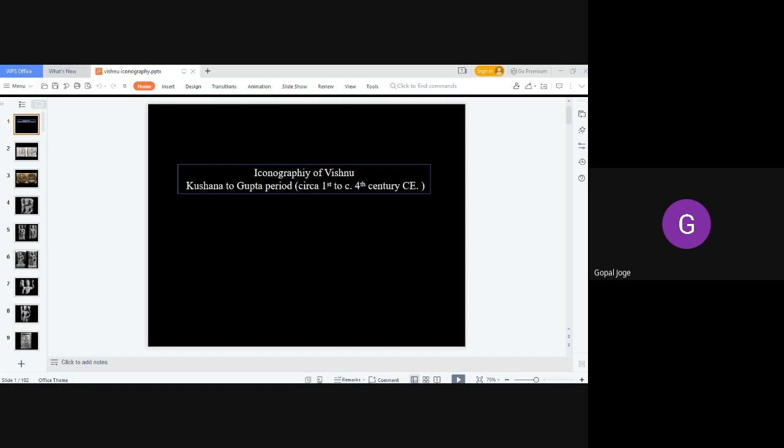Okay, so these are some early references, and then there are some other epithets that can also be noticed in the early Rigvedic verses, such as Urugaya and Urukrama. Urugaya and Urukrama, these are the two epithets through which maybe some of the forms of Vishnu evolved.